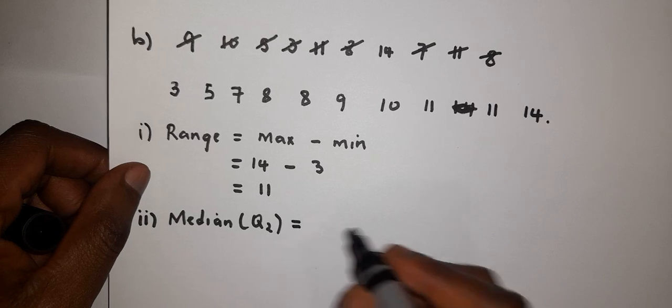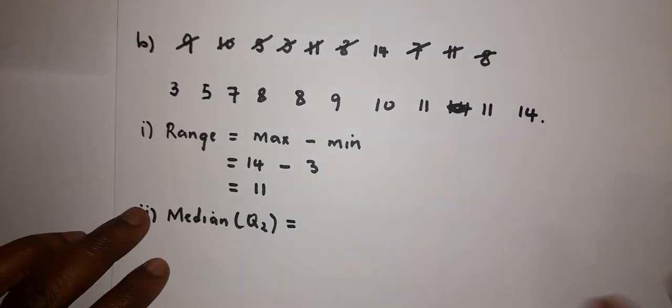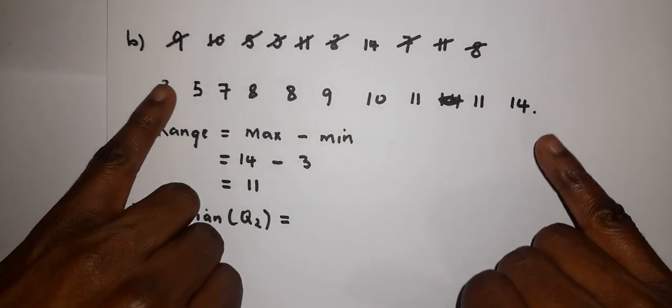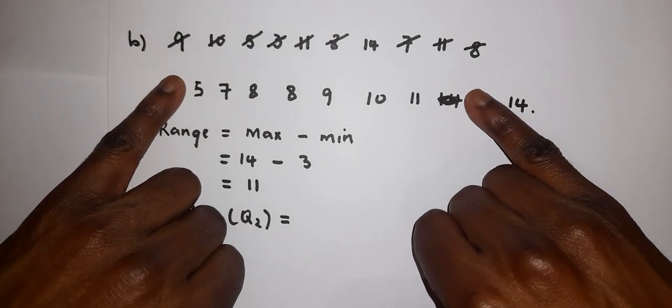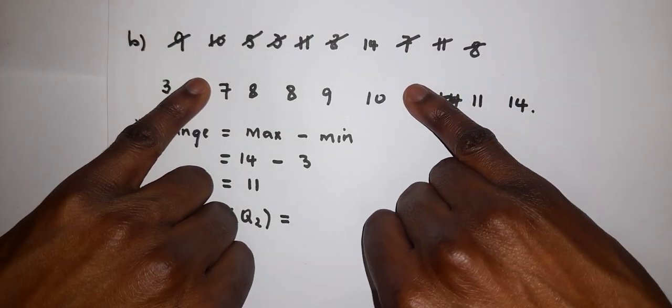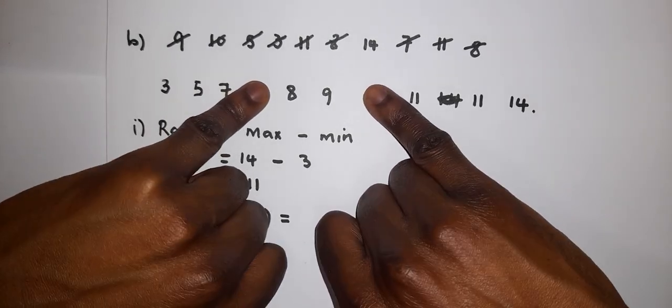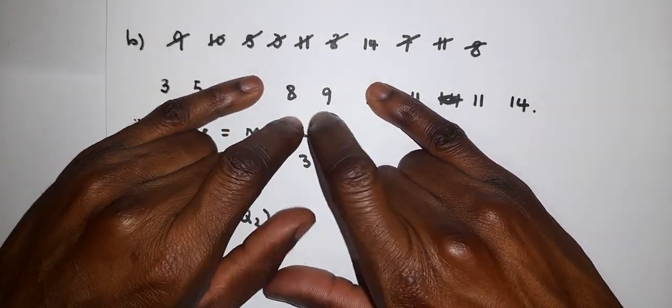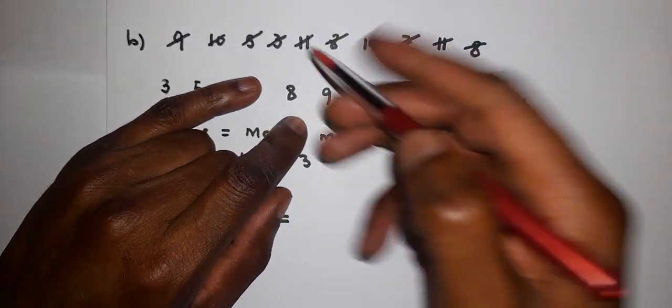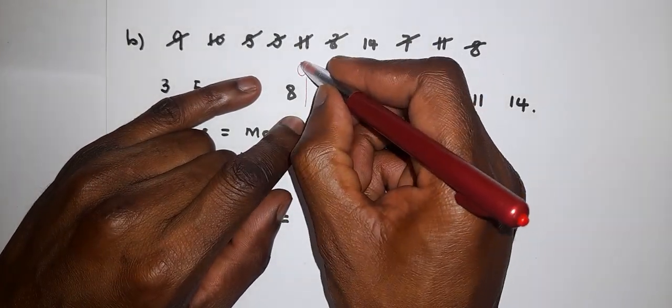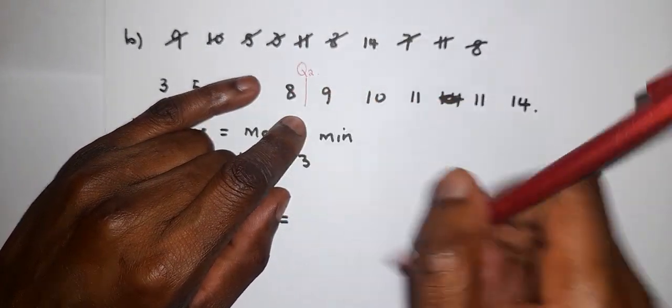So for Q2, let's check again. You do exactly what I showed you in the previous slide. You close, you close, you close, you close, and then now I can't close any further, so it means the median is between these two. I'm expecting my median, which is Q2, to be right between 8 and 9.